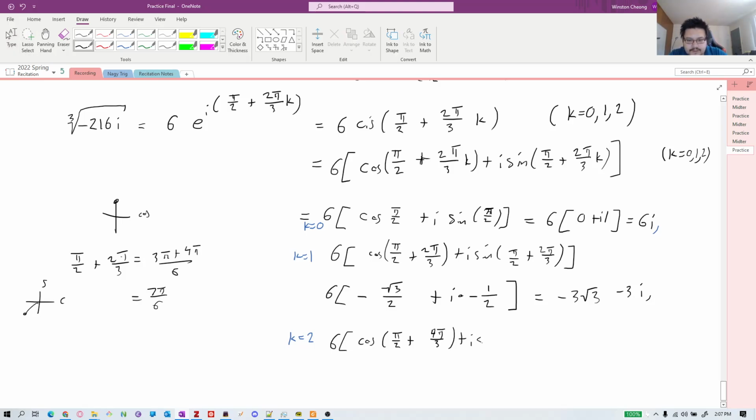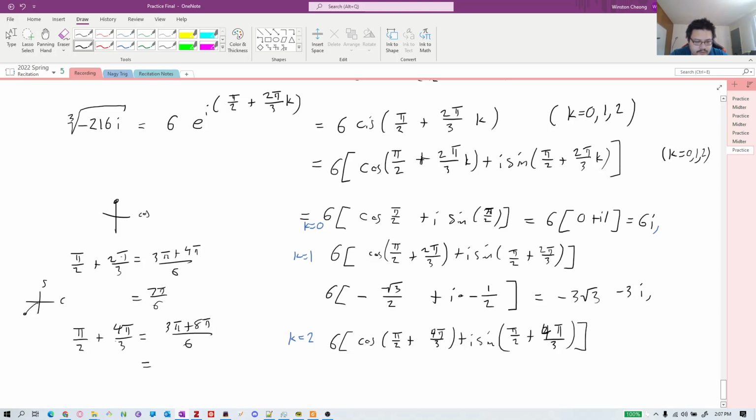And then plus i sine of π/2 plus 4π/3. Okay, and let's see what this angle is. So 2π over 2 plus 4π over 3 is 3π over 6 plus 8π over 6.